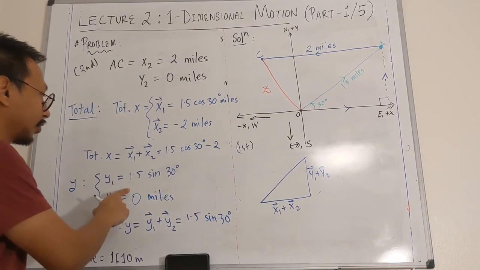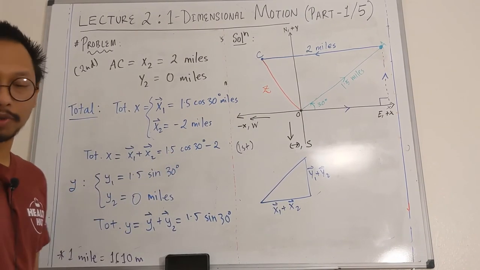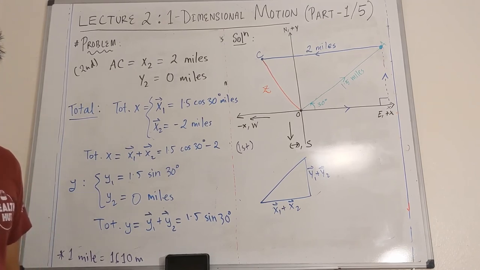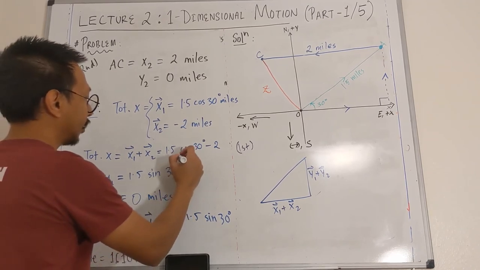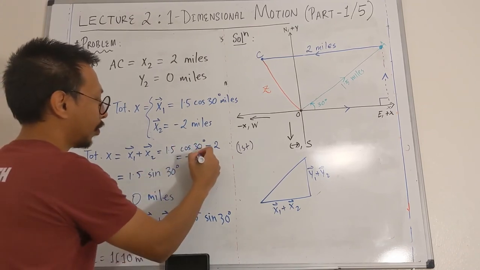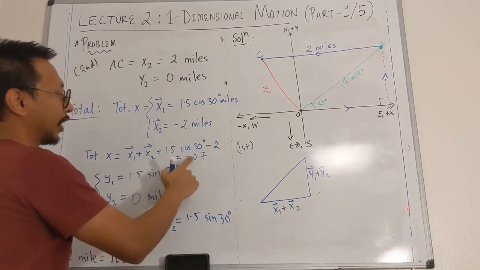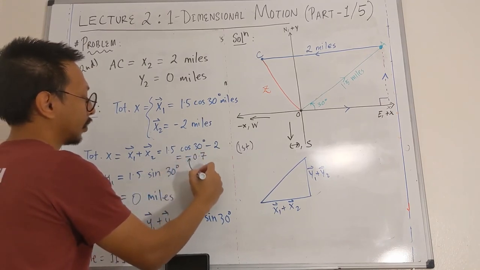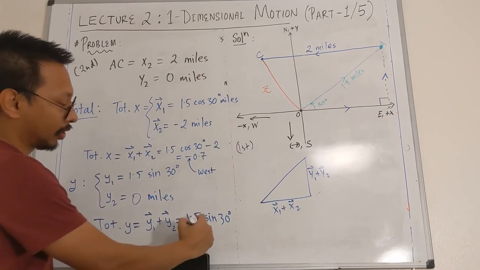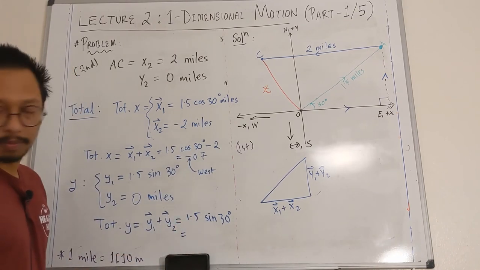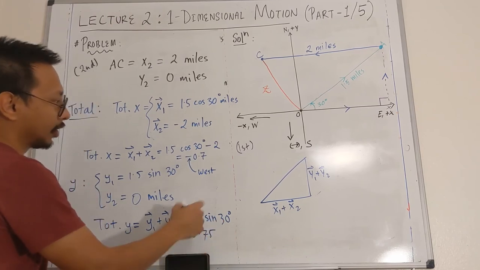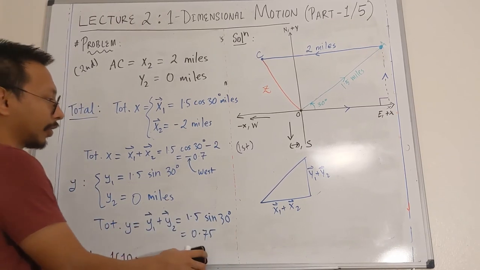So let's actually calculate the numbers. Total x, when you add, gives me negative 0.7. Negative means west. Total y is just positive 0.75 miles, so this positive means it's in the positive direction.